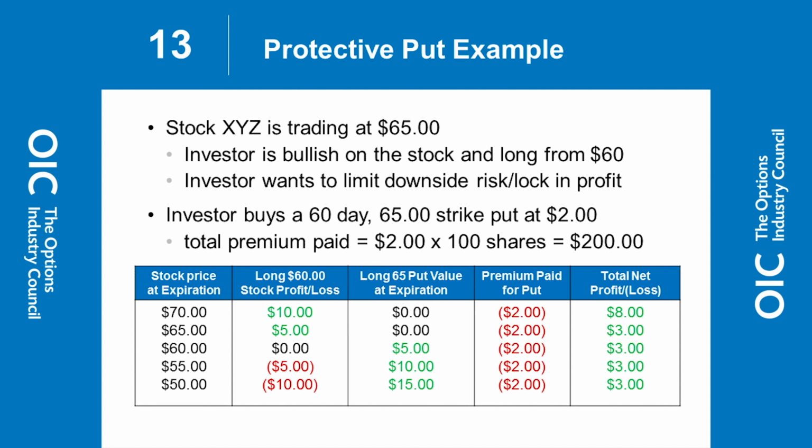So we already have a built-in profit, but we're looking to either lock in some of that profit or limit our downside risk. Let's say there is earnings coming out, or there's a drug trial, and let's say if the news is good, if the company passes the drug trial and the drug works, the stock is going to skyrocket. If the news is bad, well, there you go. The company may not exist in a week. So we're worried about that.